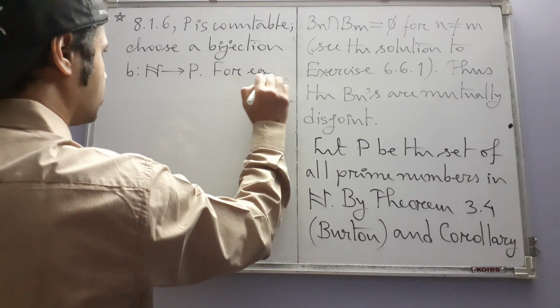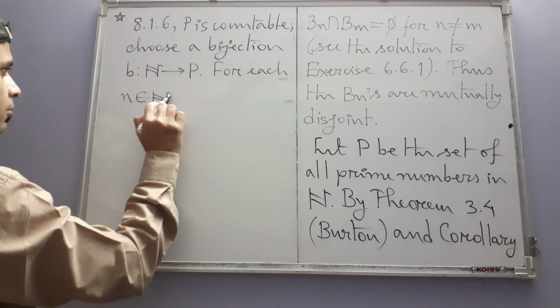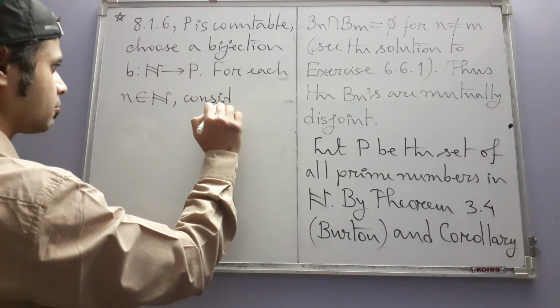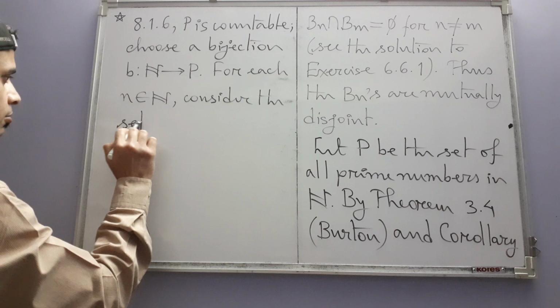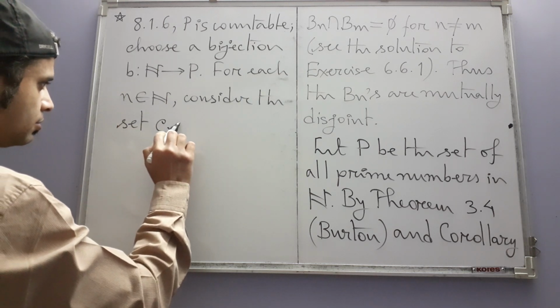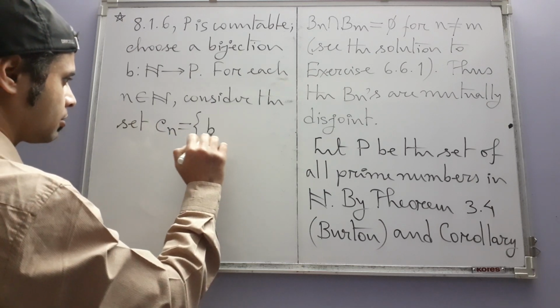For each n belonging to N, consider the set Cn, and Cn is this.